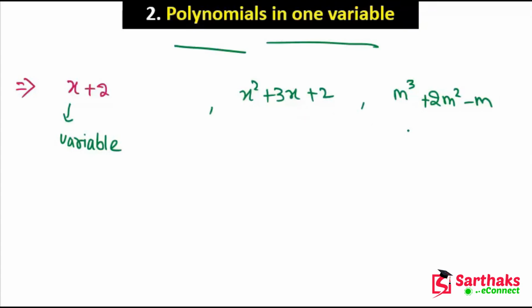So my dear friends, this is a polynomial in one variable. So what is the variable? The variable is m. Okay, I hope you understand these things.